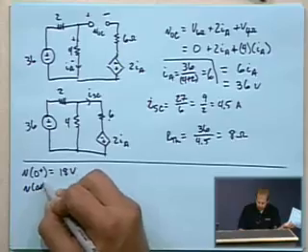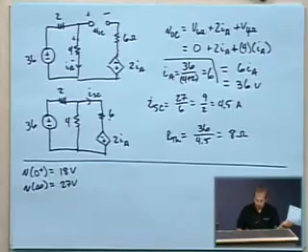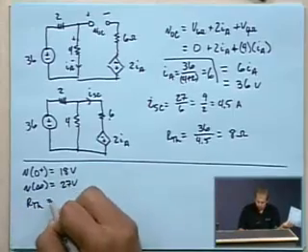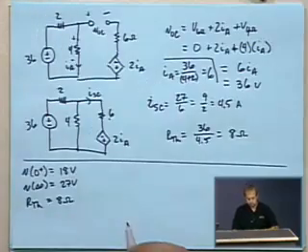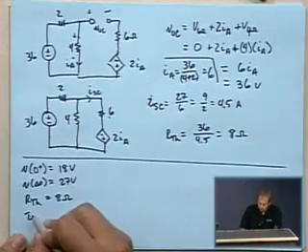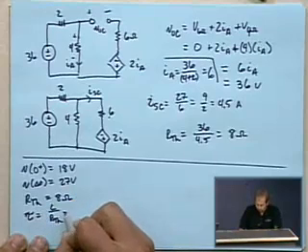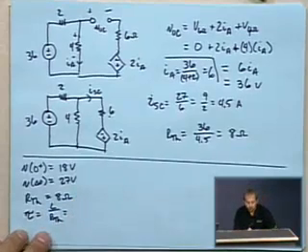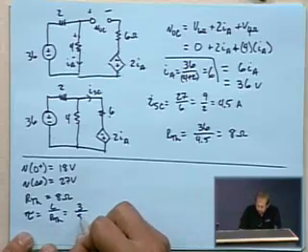V of infinity is 27 volts. Our Thevenin resistance is 8 ohms. So tau is L over R Thevenin, and the original version of that was 3 henries over 8 ohms.